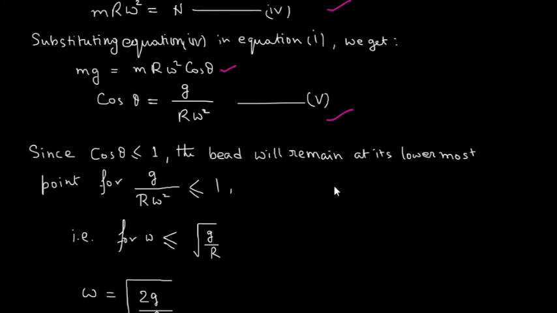Since cos θ is less than or equal to 1, the bead will remain in the lowermost point for g/(R ω²) less than 1, that is for ω less than or equal to √(g/R).